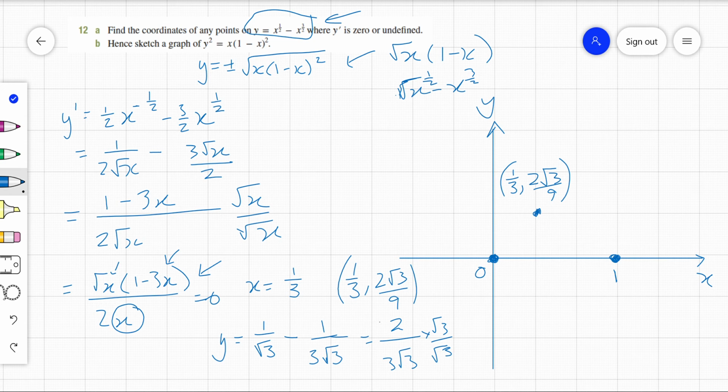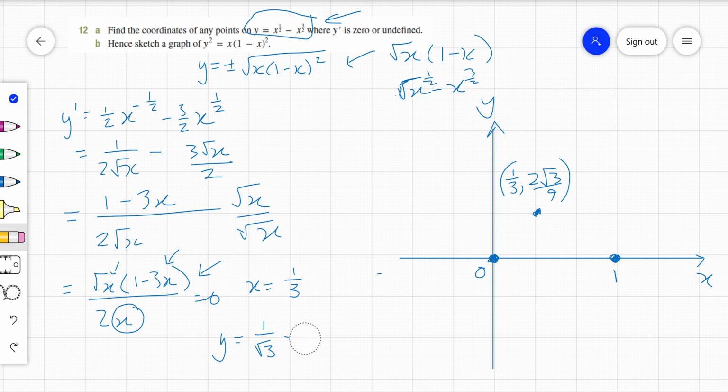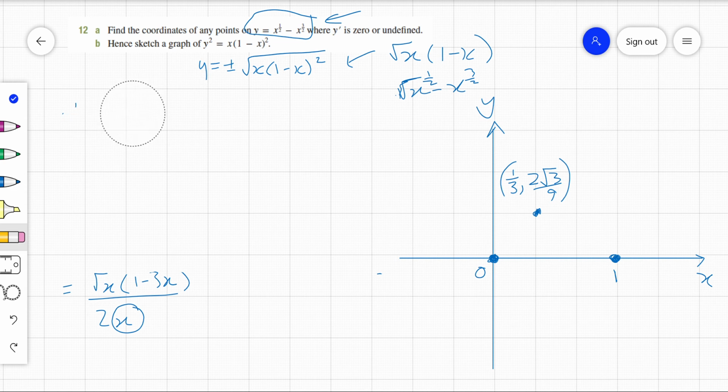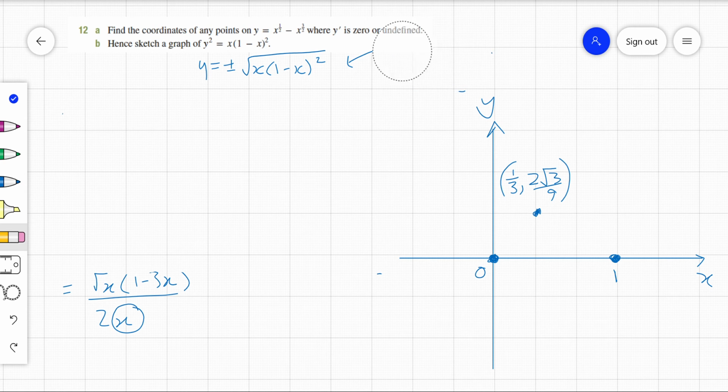Okay, hopefully you kind of understood that. So that was just looking at y dash. There's my y dash, looks nice that way. So we might leave that as my y dash. We are graphing both the plus and minus case.